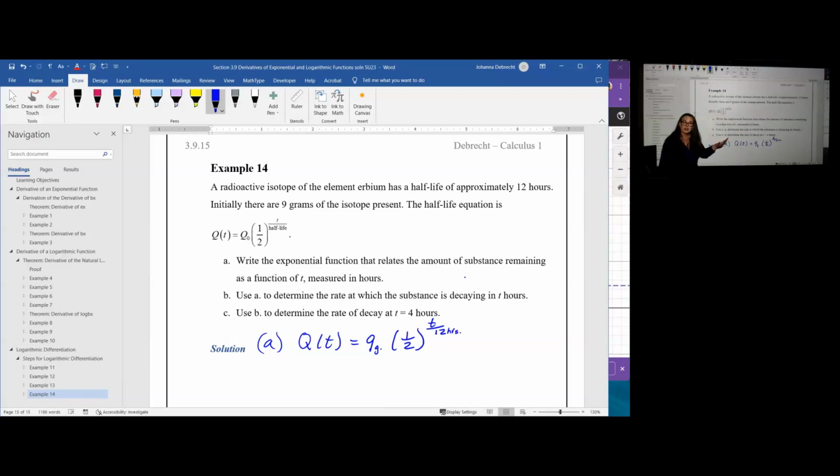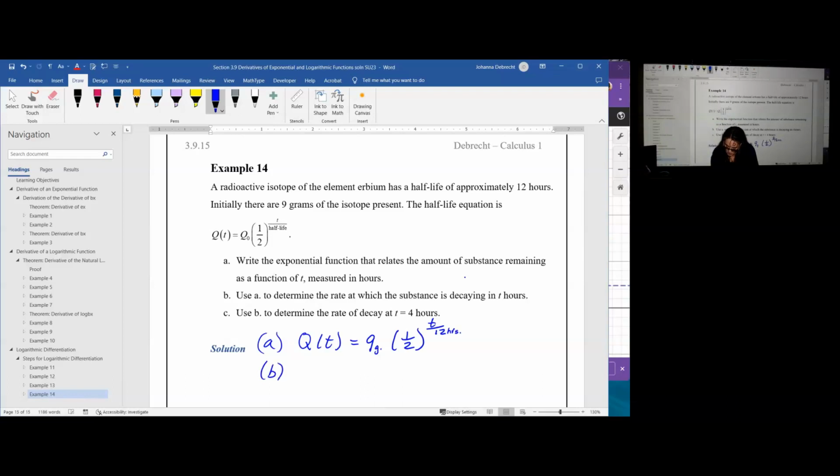Notice that t carries hours, so the hours will cancel and just give us a constant. We have now related this exponential function to the original information that we have. We want to use that in order to find the rate at which the substance is decaying in t hours. In other words, find the derivative.